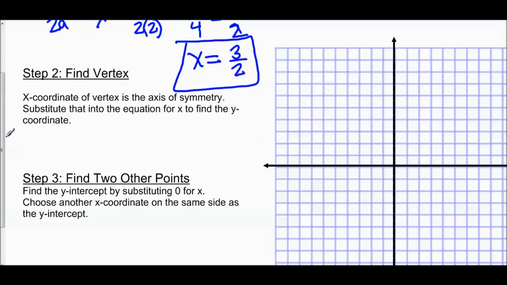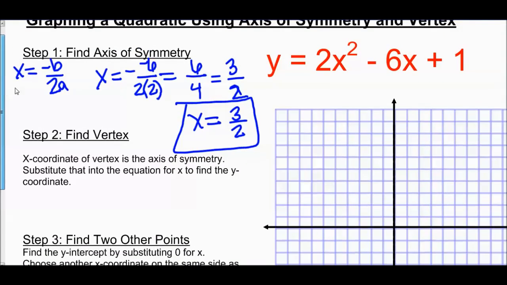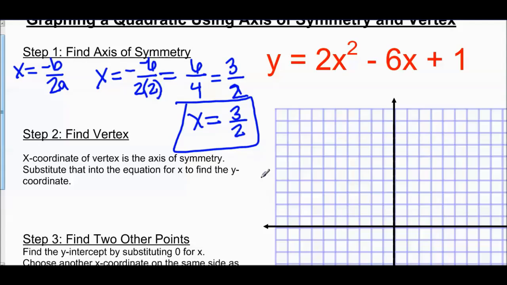Step 2 is to find the vertex. The x-coordinate of the vertex is the axis of symmetry. So what you do is you substitute that into the equation for x to find the y-coordinate. So here's our equation. I'm going to substitute 3 over 2 in for x.